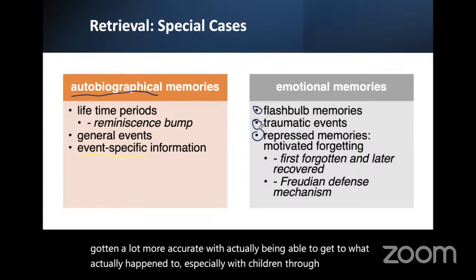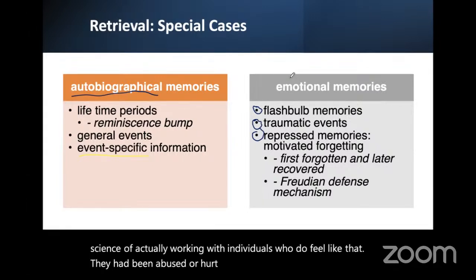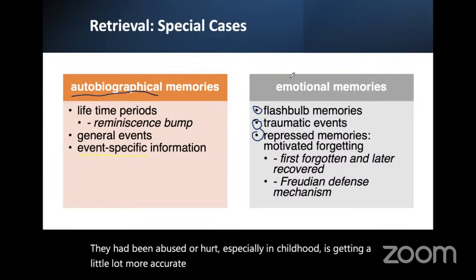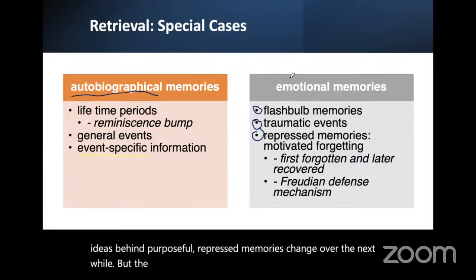So the science of working with individuals who feel they had been abused or hurt, especially in childhood, is getting a lot more accurate. I think we might see some of the ideas behind purposefully repressed memories change over the next while, but the verdict is still out.